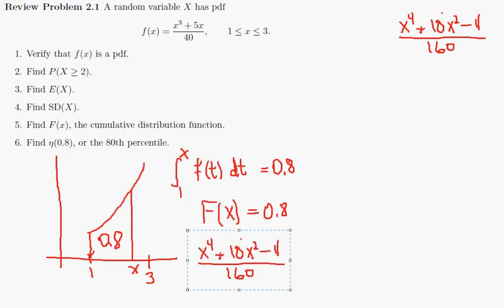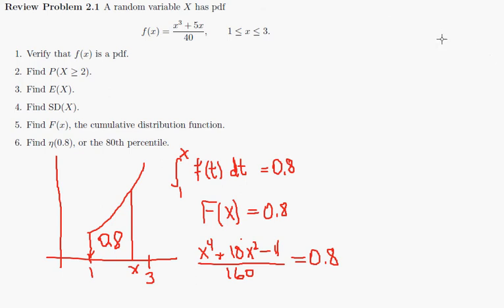I need this to be equal to 0.8. I've already done the calculus. I can reintegrate this if I wish, but there's no need because I've already done it once. So it's just a matter of solving for x in this algebra problem. So I've now reduced the problem to something that is strictly algebraic. Okay, so now we just solve for x and turn the crank.